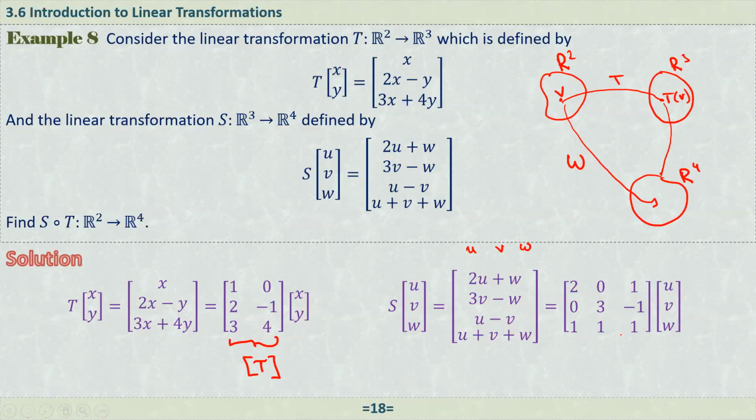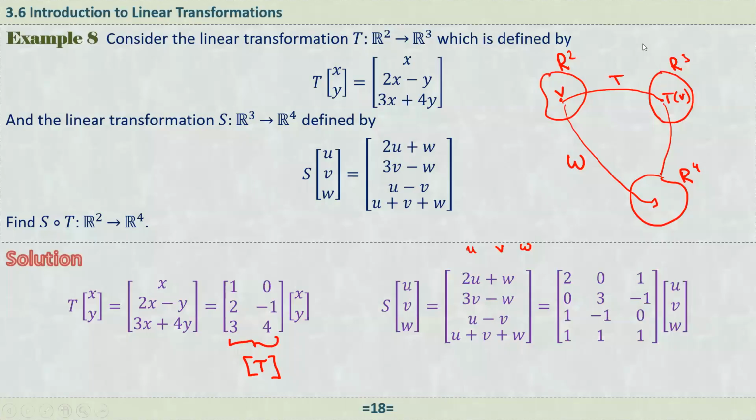Let me rewrite this. Now I've corrected it, since I didn't write the third line before. The third line is u minus v, so it is 1, negative 1, 0, and the last one is 1, 1, 1, multiplied by u, v, w.